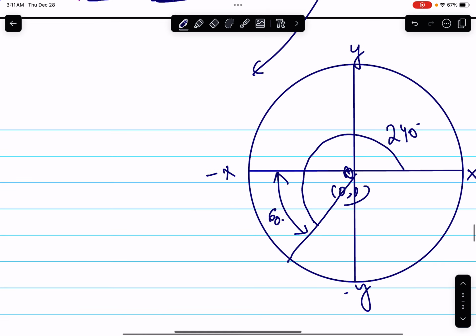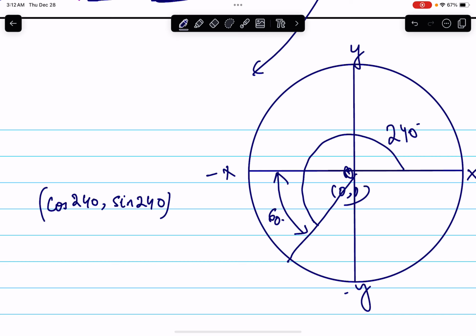So therefore, you can see that cosine of 240 degrees and sine of 240 degrees are going to be related in some way to cosine of 60 degrees and sine of 60 degrees. And always remember the reflex angle is with the x-axis.